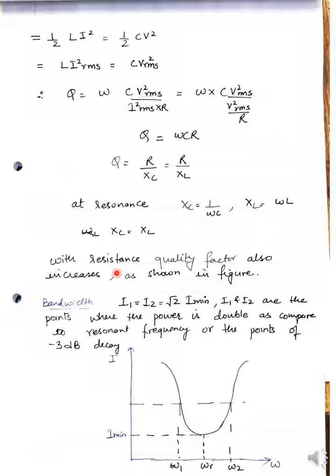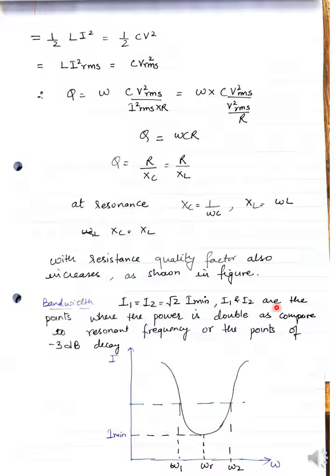Now if you want to find the bandwidth of this circuit, then I1 equals I2 equals root 2 of minimum. So there in the series we were using I max divided by root 2. Here we will use I minimum into root 2.